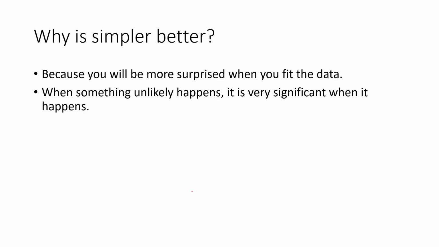You're more surprised when something unlikely happens, and it is very significant when it happens. That's why simpler is better. Another way of putting it is that simpler has a better chance of being right. If a complex explanation of the data performs better, we will usually take it, but then you don't expect it to fail.